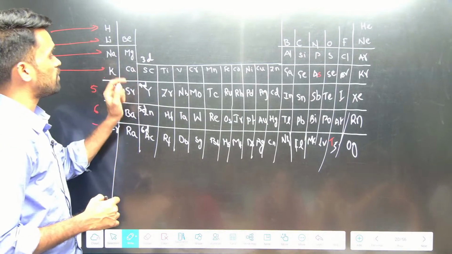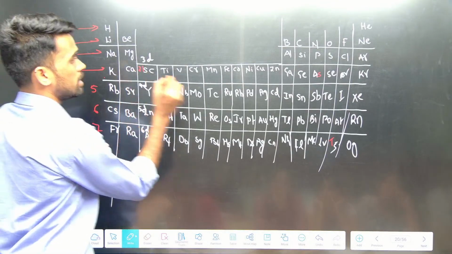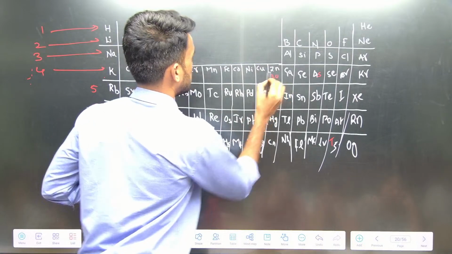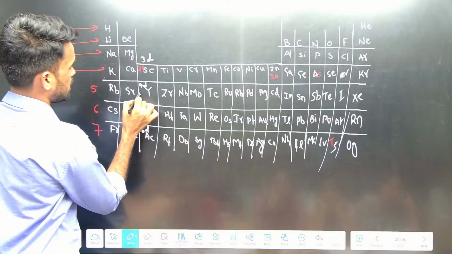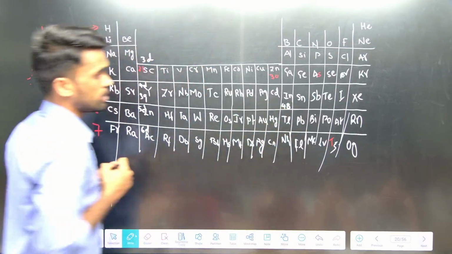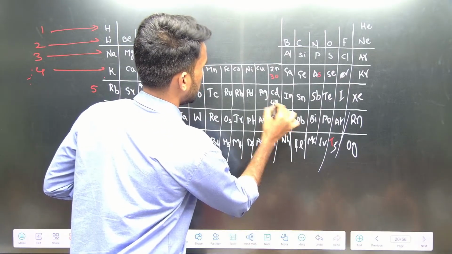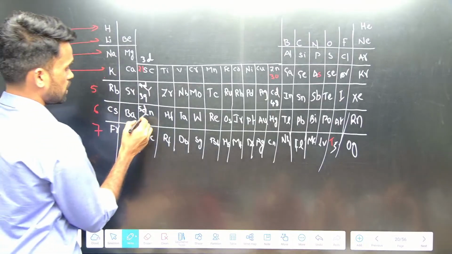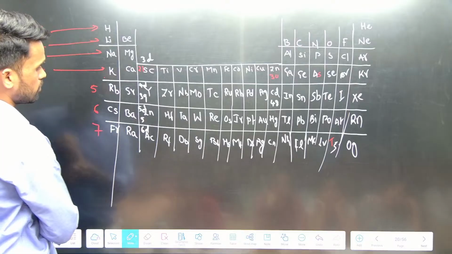So what is the atomic number here? It starts from scandium 21, ends with 30. Here it starts from 39, goes up to 48. Next, this one 57.